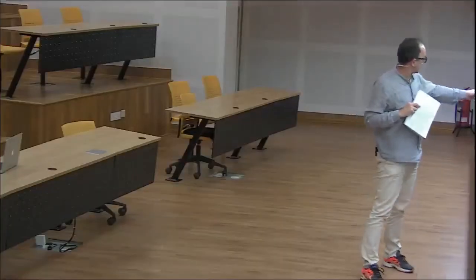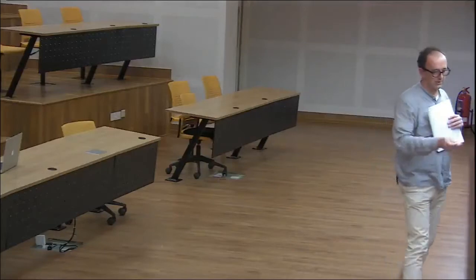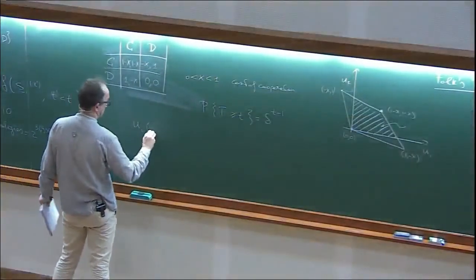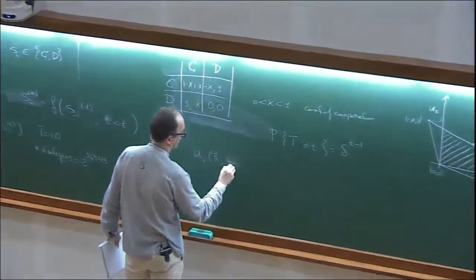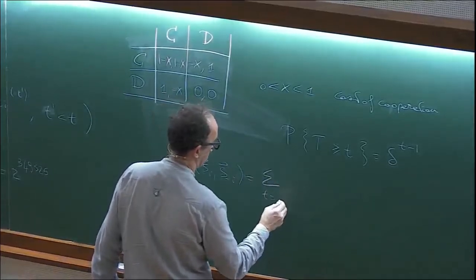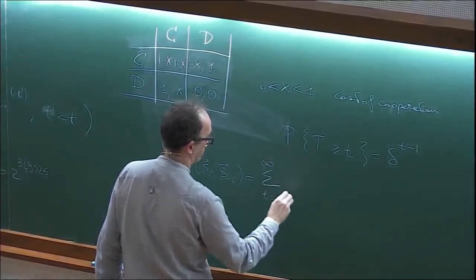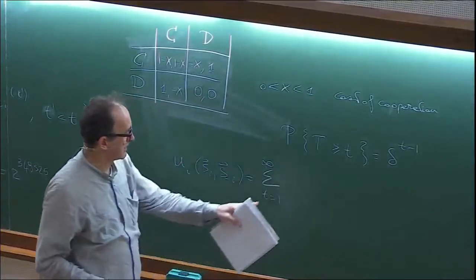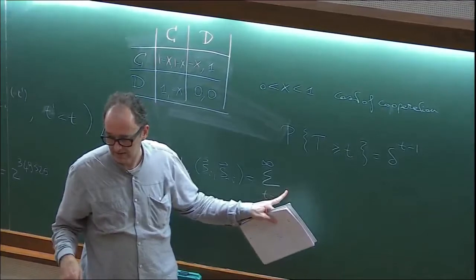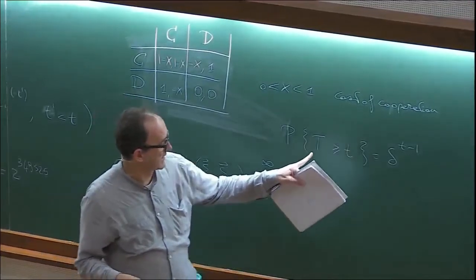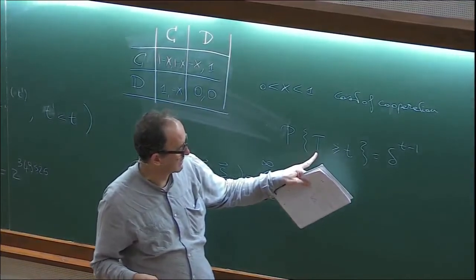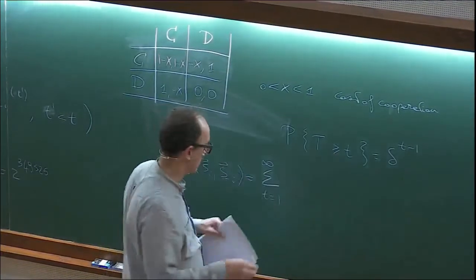Because now your expected utility function, here you should put the probability that the game number t will be played, which is actually the probability that the number of games you play is larger than t, okay?